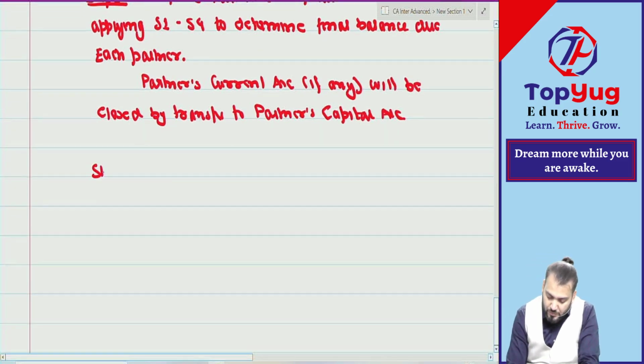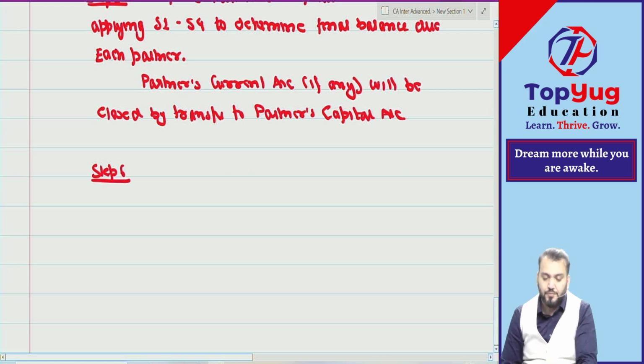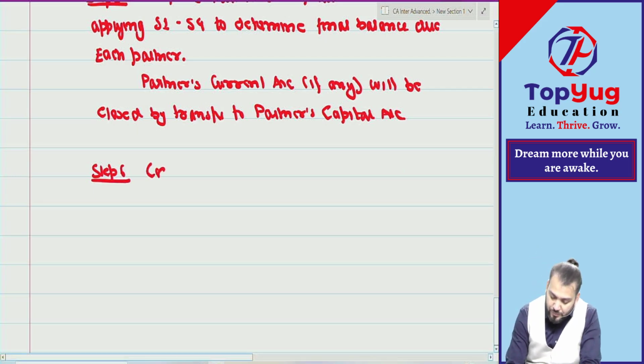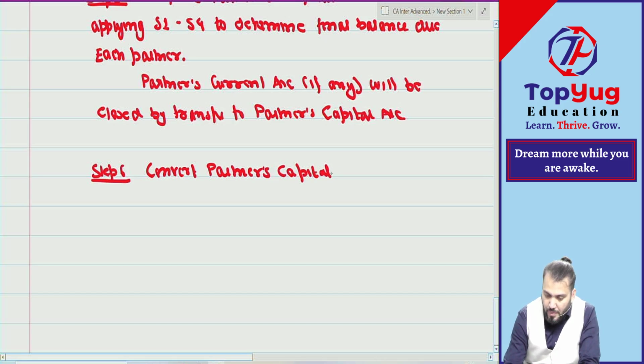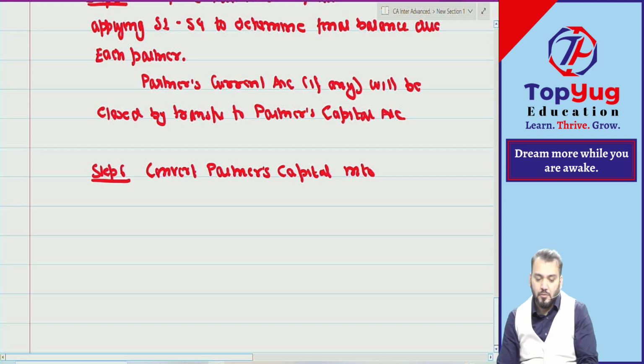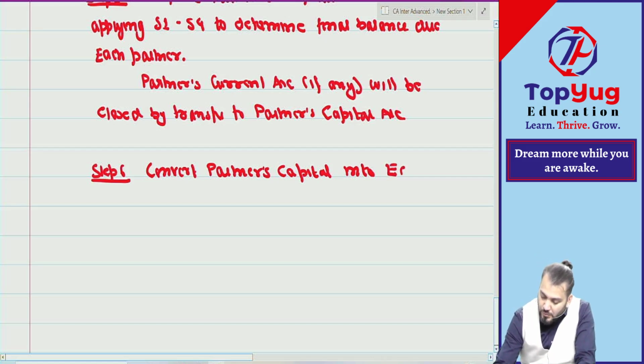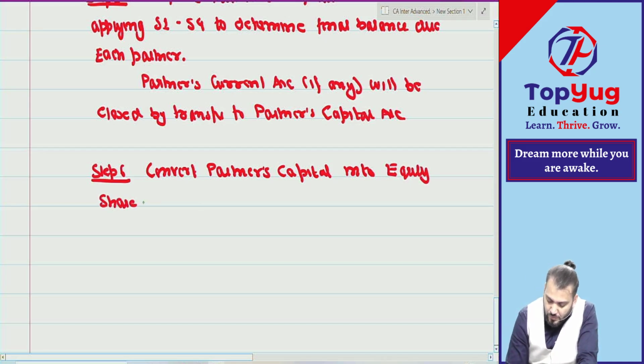Step number 6: convert partners' capital into what? Into equity share capital, or preference share capital, or what?